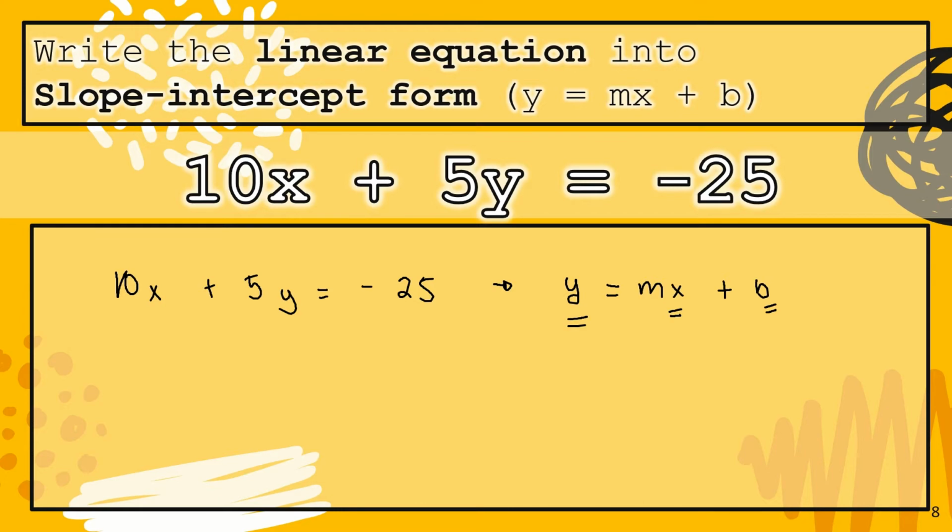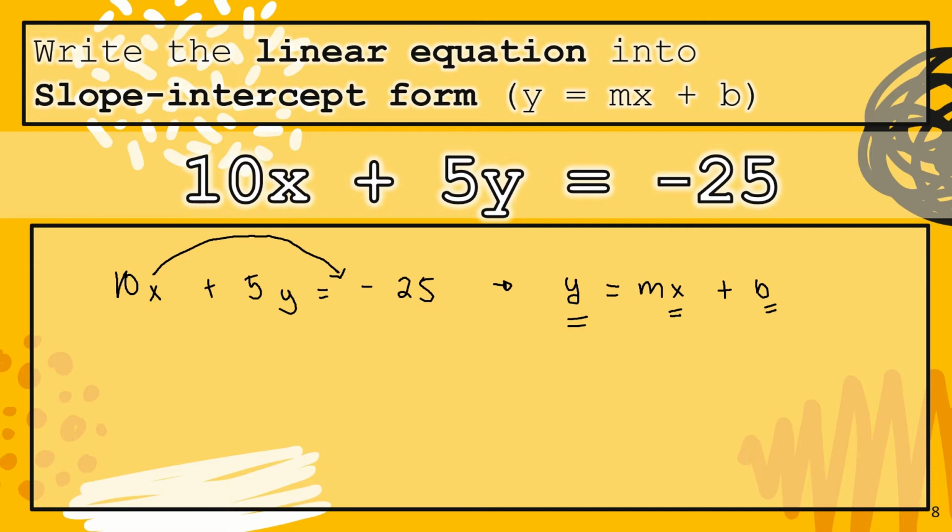So in our given, 10x + 5y = -25, we are asked to move 10x to the other side of the equation. We can use the inverse property of addition, or in simple words, just move the term to the other side of the equation.